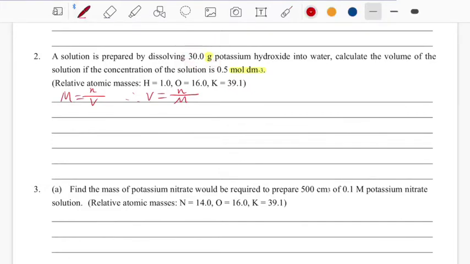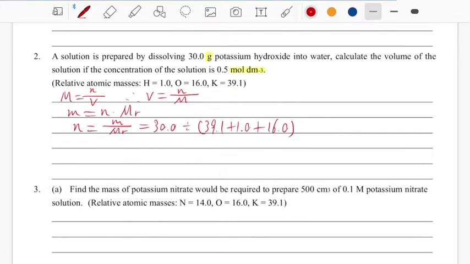Mass should equal number of mole times the molar mass, which means the number of moles should equal mass over molar mass. So mass is directly given, 30 gram, and we divide it by the molar mass, which equals 39.1 plus 1 plus 16.